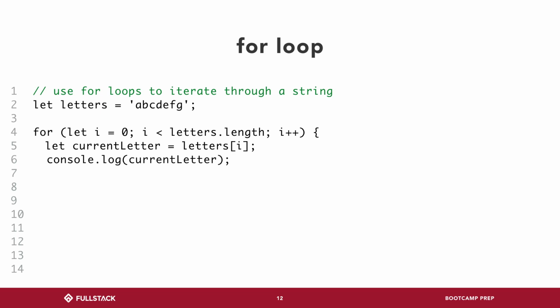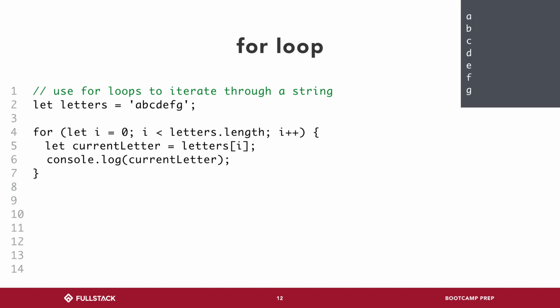Over here we have another similar example where they've got a string of letters and they want to loop through the letters. So they're actually doing one of my favorite things. This is really annoying to type, the brackets and plugging the i in. Basically what they're trying to get at is they want to grab the current letter.